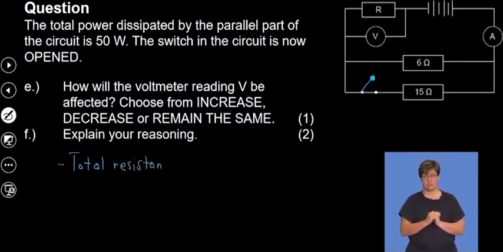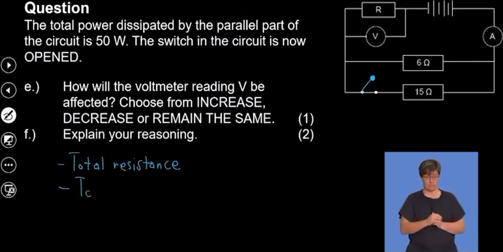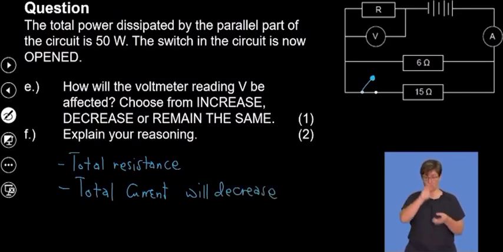So if the total resistance in the circuit increases, what does that mean in terms of the current? Total current will decrease. So we're saying the total resistance increases. Very important to mention that it increases, not just changes.